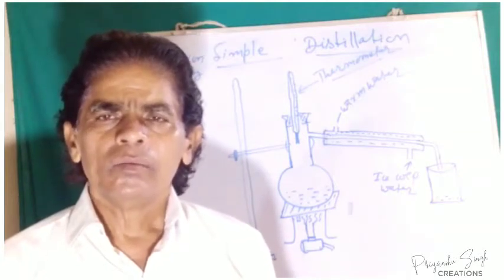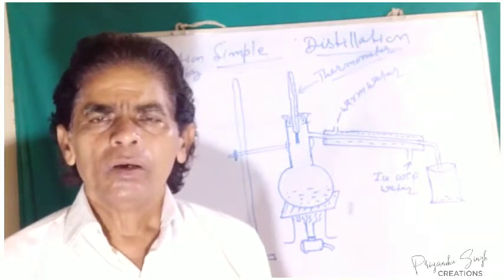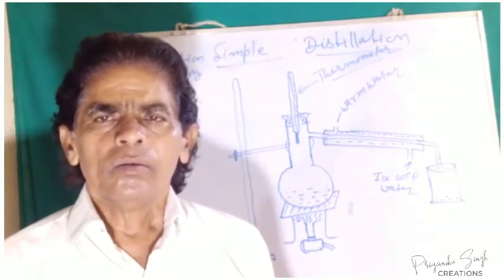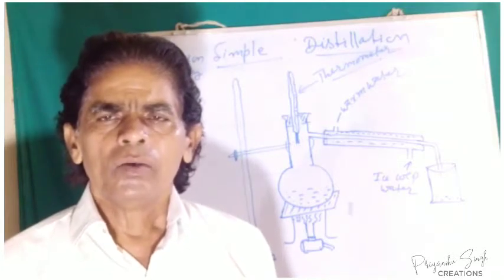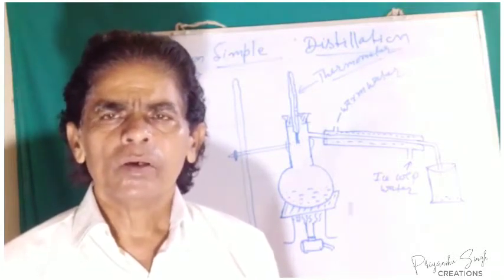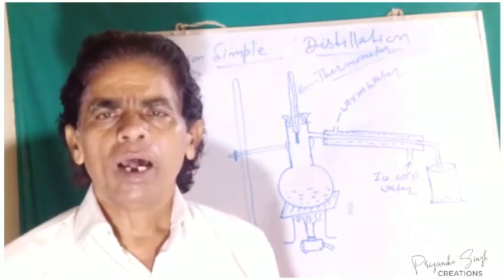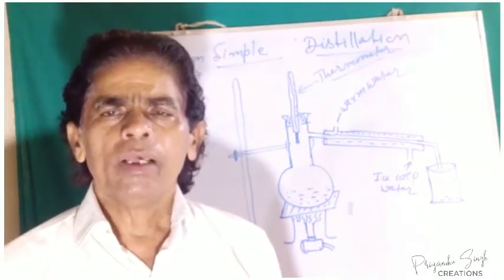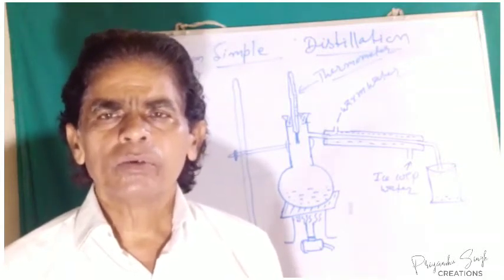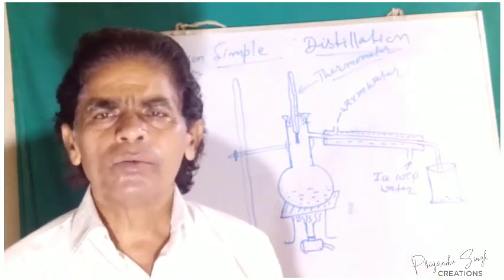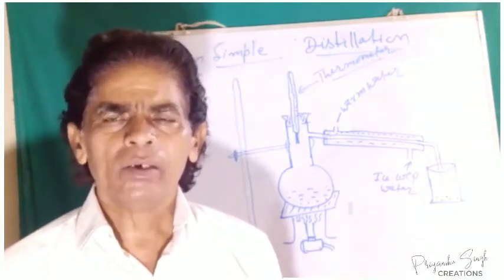we see that two or more liquids may evaporate simultaneously and rise up in the form of vapors, pass through the tube of the condenser, and get liquefied.